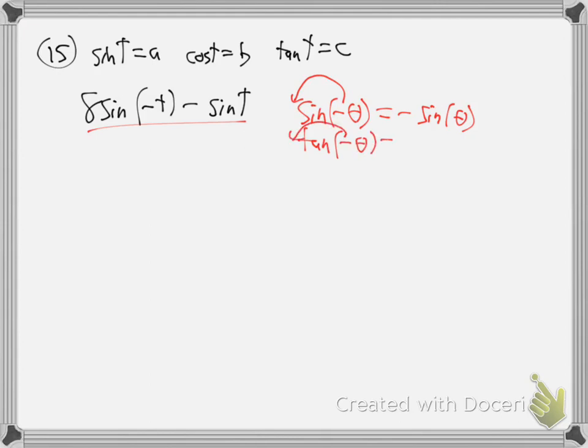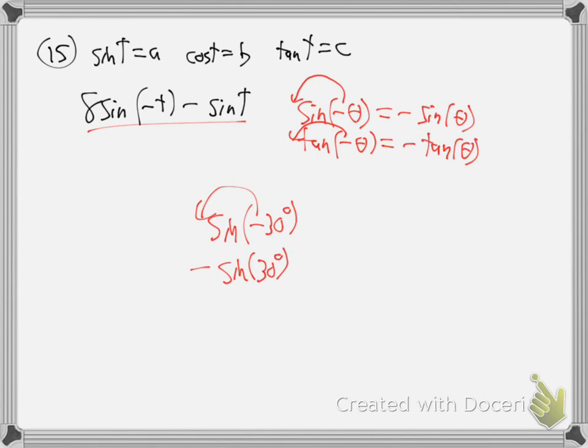Which is super convenient. That way you never have to look up negative angles for sine or tangent. So if they gave me something like, find the sine of negative 30 degrees, I could just put that negative in the front and then look up the sine of regular 30. I never have to actually look up negative 30 degrees.